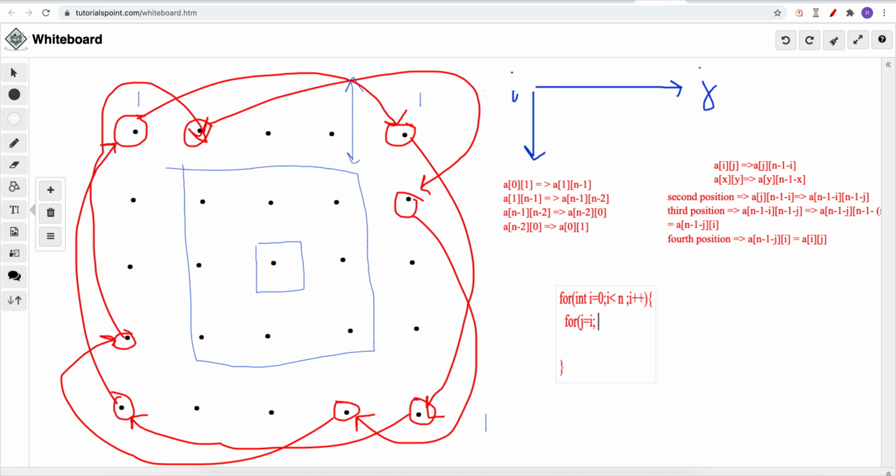And where does j land? j less than n minus 1 minus i. For i equal to 0, we consider till this node; for i equal to 1, till this node. n minus 1 is the last node, we will not consider it, minus i, and j plus plus.